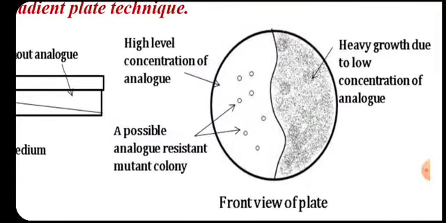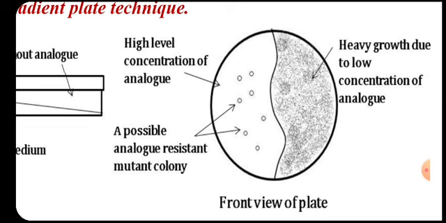After incubation, this may be the picture. The left side is the high concentration zone, having a high level of analog, and the right side is having a low concentration of analog. Obviously on the right side there will be heavy growth due to low concentration of analog, and on the left side there will be a limited number of colonies formed due to high concentration of analog.